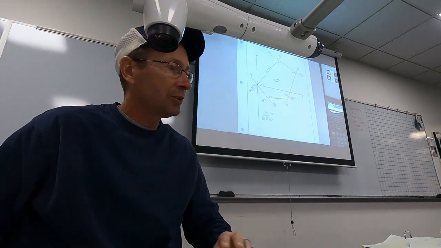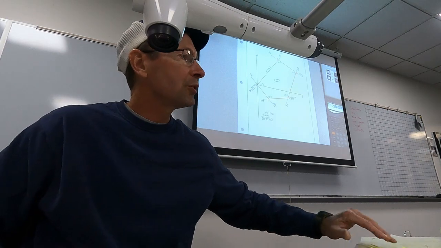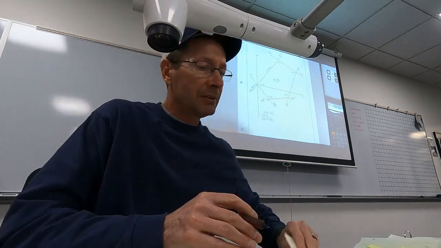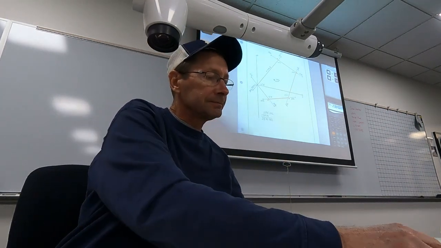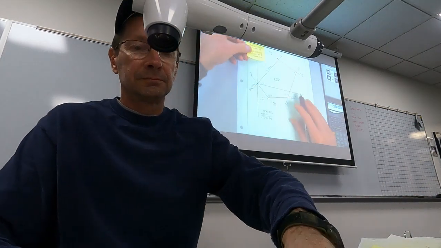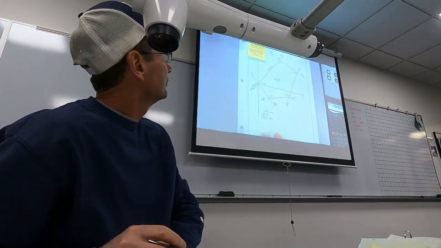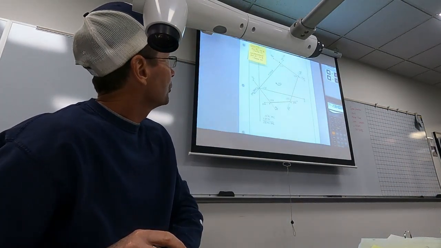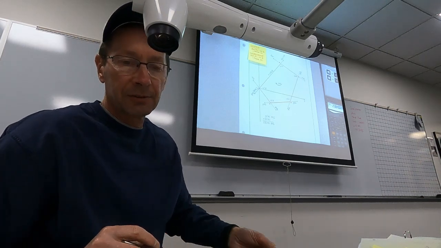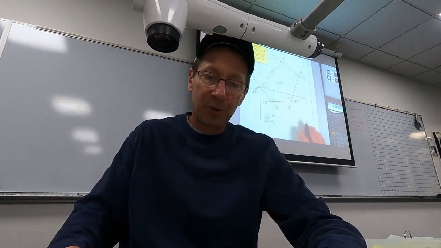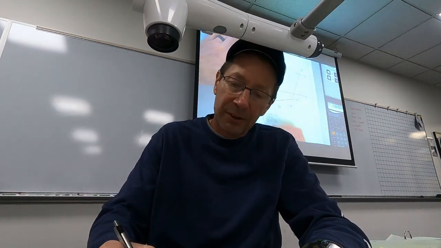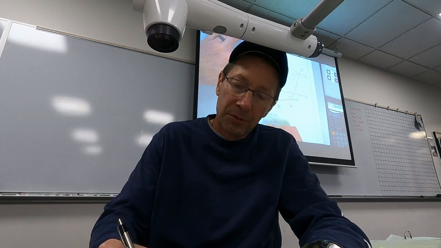Yeah. All right, so let's follow the formula. And what did the formula on the sheet say? All right, I'll throw it up on there. So we're going clockwise, so we're going to be subtracting. So we got the back azimuth, and we're going to subtract the interior angle. So minus 102.11.